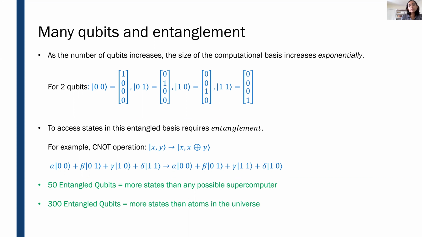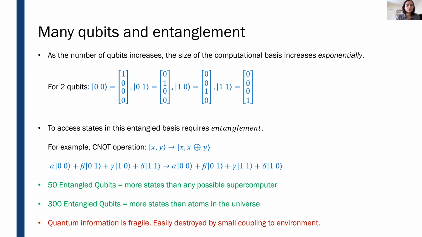And the reason why people get excited about quantum computing is basically if you have 50 entangled qubits, you have more states than any classical supercomputer, and with 300, apparently you have more states than atoms in the universe. So if you can process that much information in parallel, naively you might think that that might be very powerful, right?